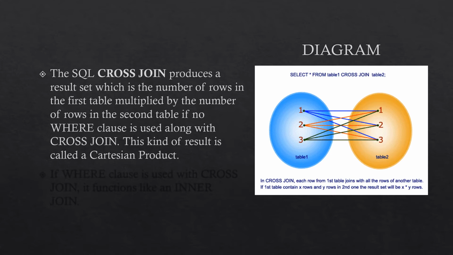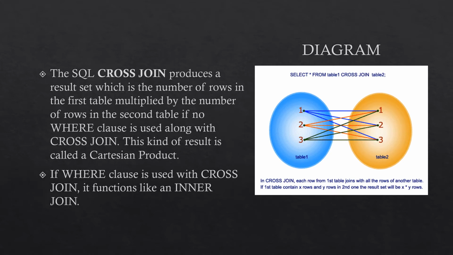If the first table contains X rows and the second table contains Y rows, the result set will be X times Y rows. So in the diagram, both tables have 3 rows each, so the resulting table will have 9 rows. If where clause is used with cross join, it functions like an inner join.